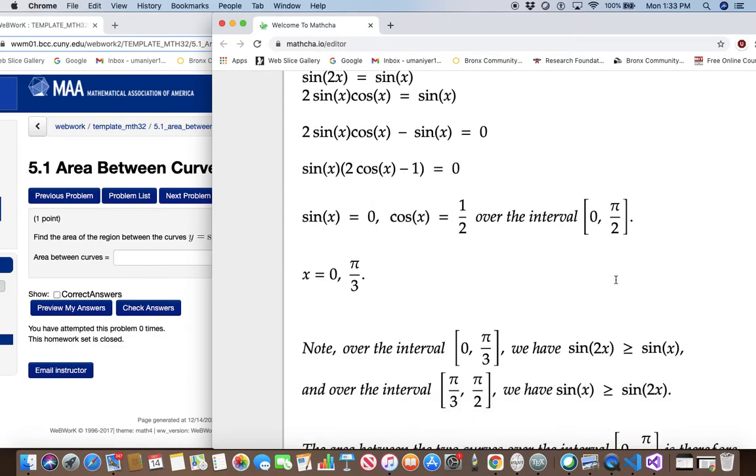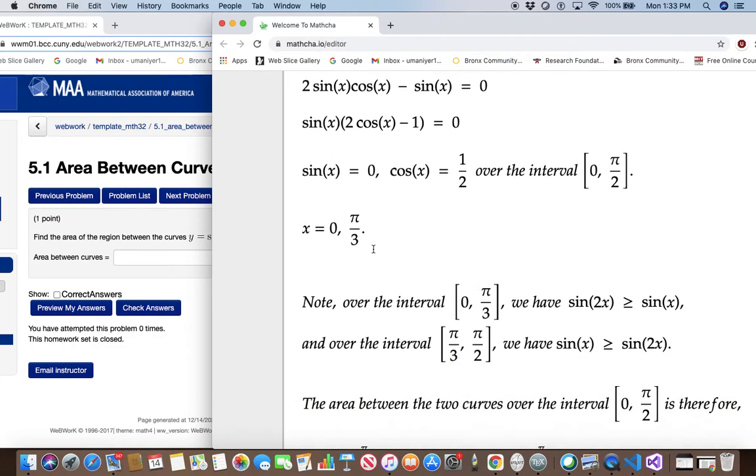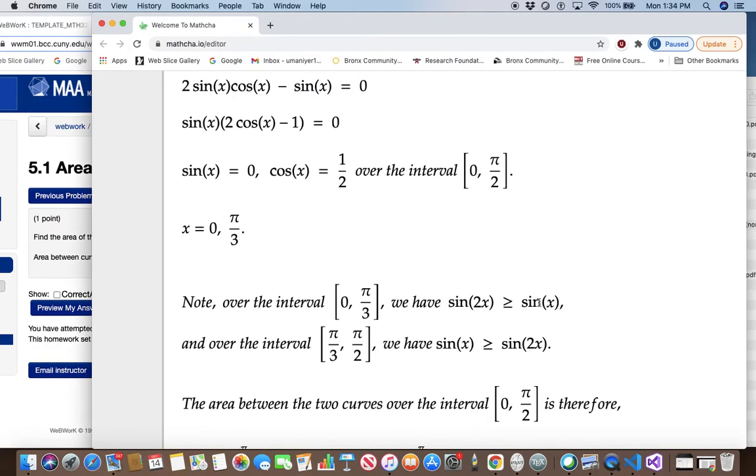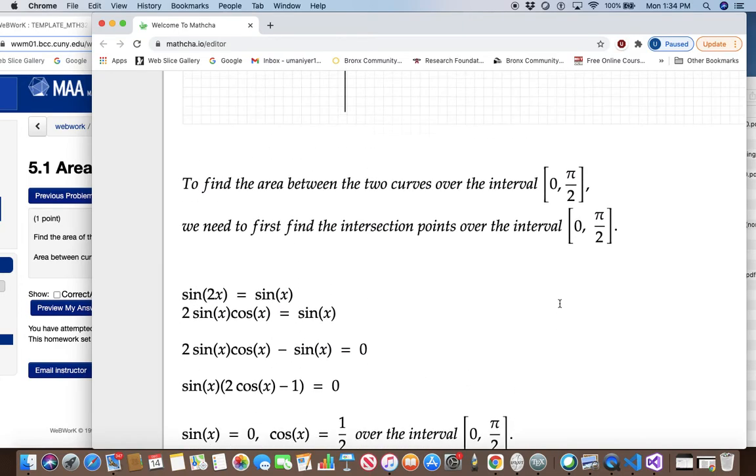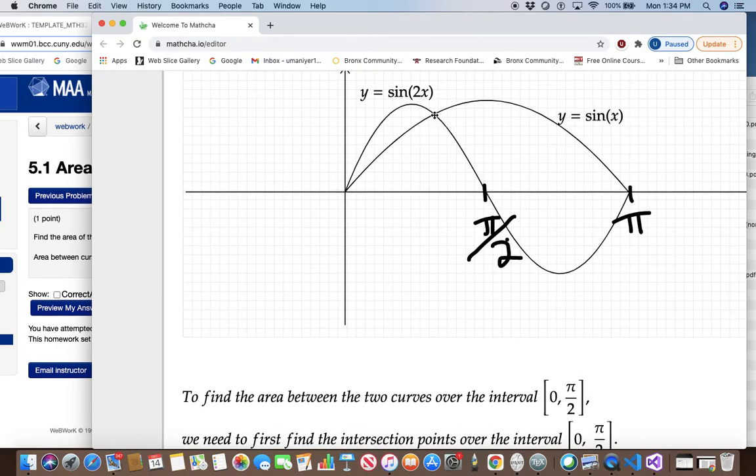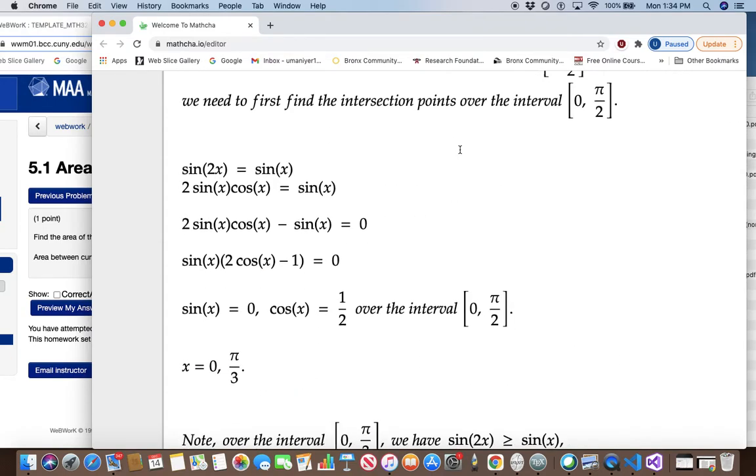Over the interval 0 to pi over 3, we have sine 2x greater than or equal to sine x. So from 0 to the first intersection point, sine 2x is higher than sine x. Between pi over 3 and pi over 2, sine x is higher than sine 2x.